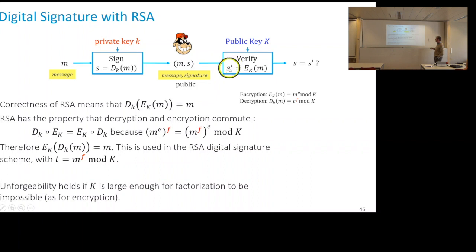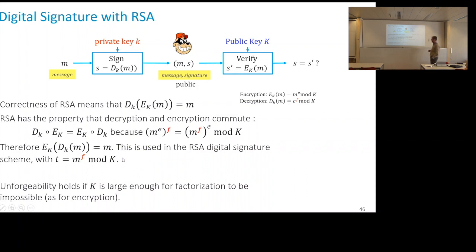Now, to verify it, we apply the encryption operation, E capital K, which consists in computing this to the power e. So the verification: the tag here, S, which is now called the signature, to the power e. E is public, that's one of the constants of the scheme. Modulo K, K is the public key, which is also known. That should give exactly M, the original message here.